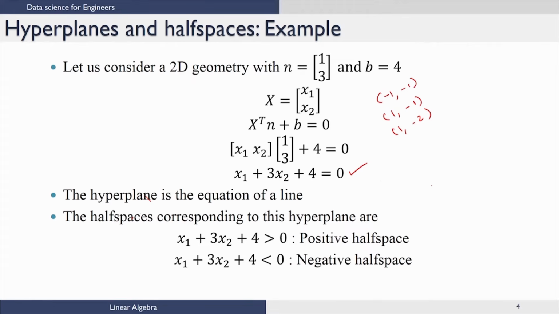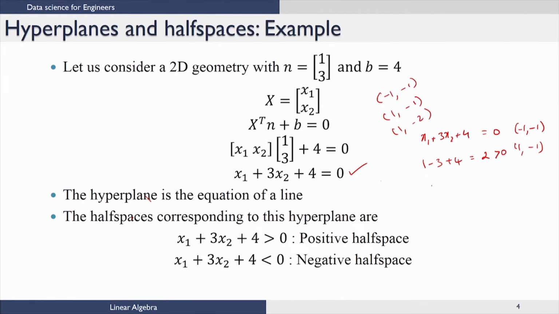So, when I take the point (-1, -1) and I substitute into this x1 plus 3 x2 plus 4, it will be minus 1 minus 3 plus 4. So, this will lead to 0. So, that means the point (-1, -1) is on the line. When I take the point (1, -1), this is going to be 1 minus 3 plus 4. So, this is going to be 2, so positive.